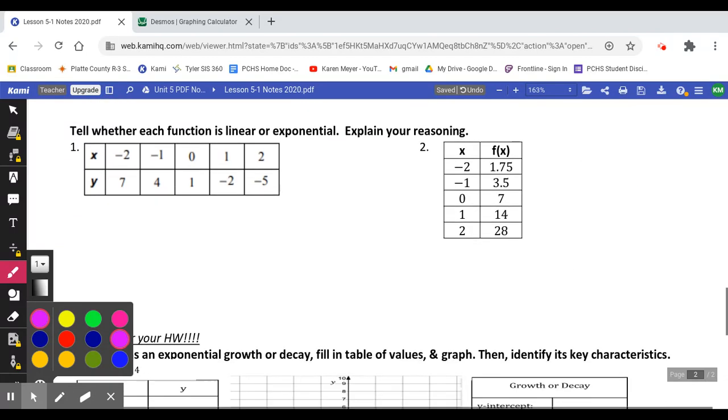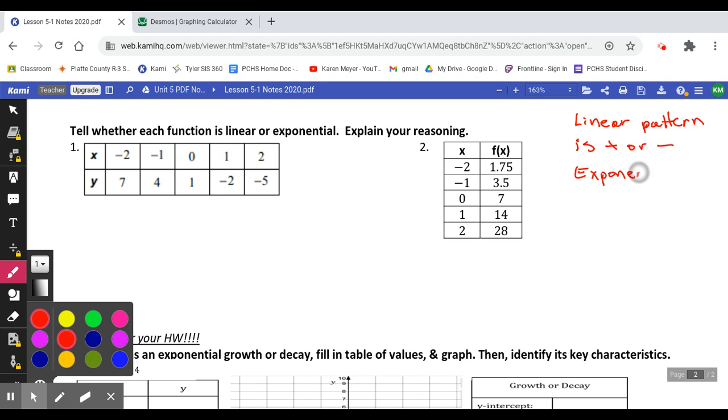Okay, last thing before you get to do some on your own. The last problem wants you to look at this table and tell me, is this table representing something that's linear or representing something that's exponential? So off to the side, we need to remember linear, the pattern is adding or subtracting.